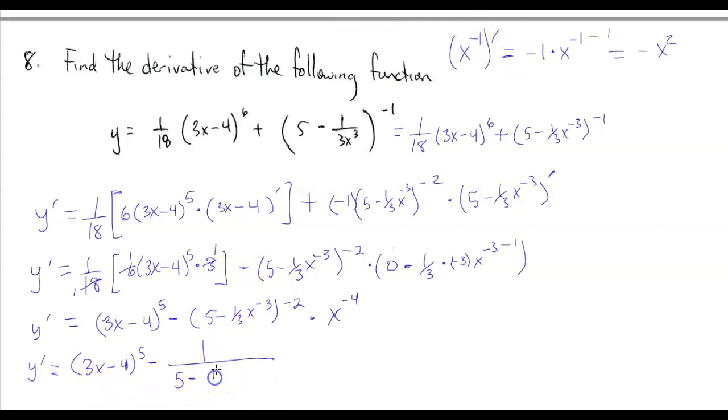So this will be 1 over 3x cubed, like that. And all this will be raised to the 2 to take care of that exponent that's there. And it may not look like it's an exponent, but it is. So let me make sure that I make it look that way. And then, of course, this x raised to the negative 4 is the same as 1 over x raised to the positive 4. So you can write that answer that way.